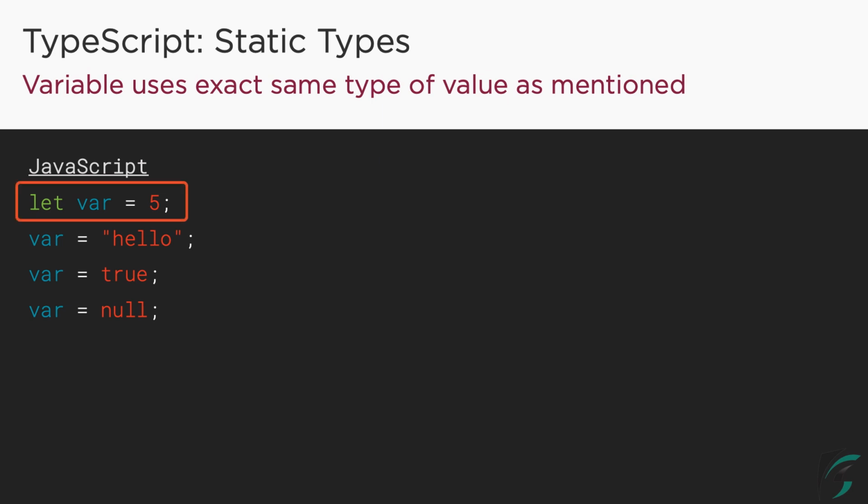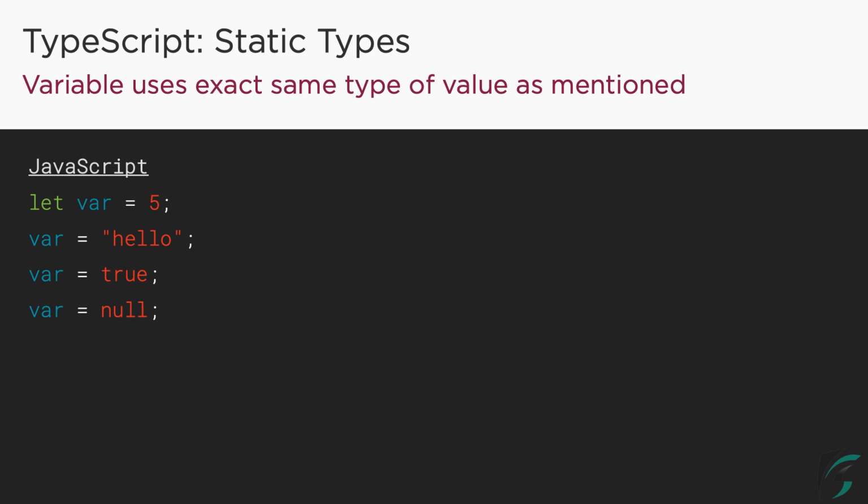A variable can start as a number type, and post that we can assign any value to it, be it string, boolean, or even null or undefined. This feature of JavaScript makes it easy to write simple applications. But when it comes to complex applications, this becomes a cause of chaos and unpredictable behavior of our application.